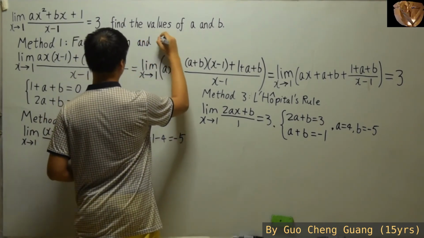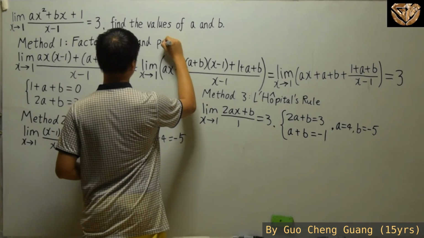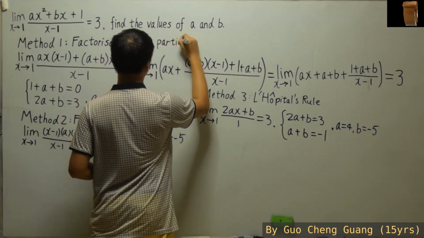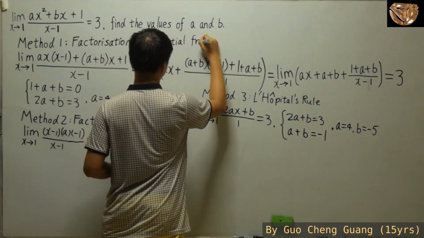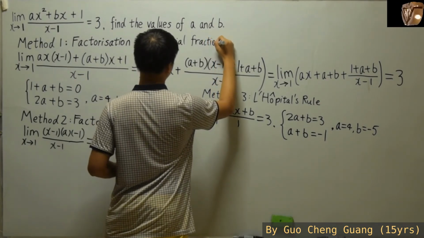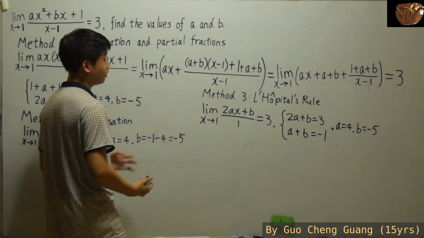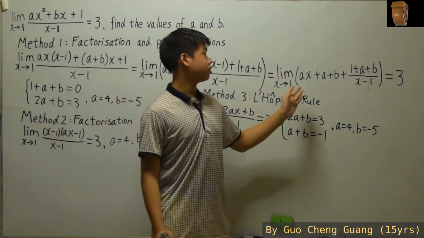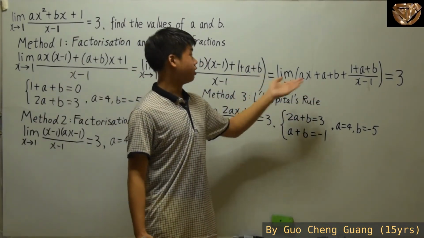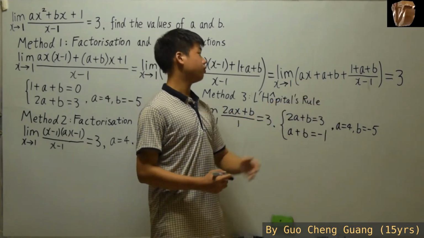So technically method 1, you could call it factorization and partial fractions. Then just repeat the process until you get something that looks like this.